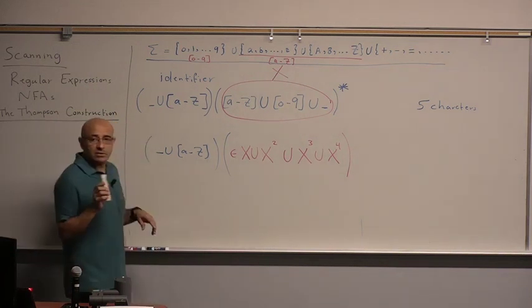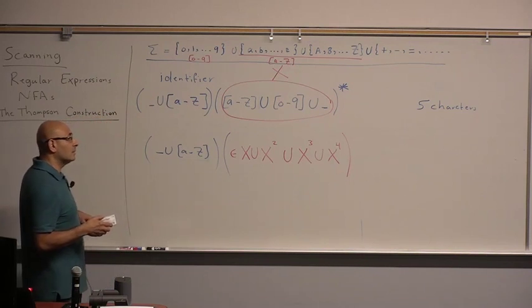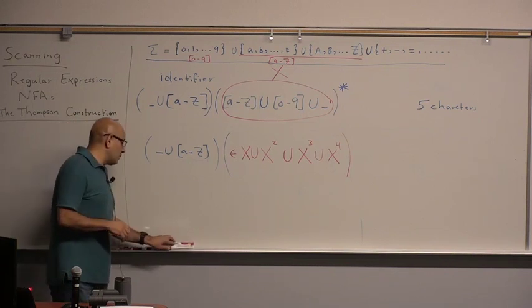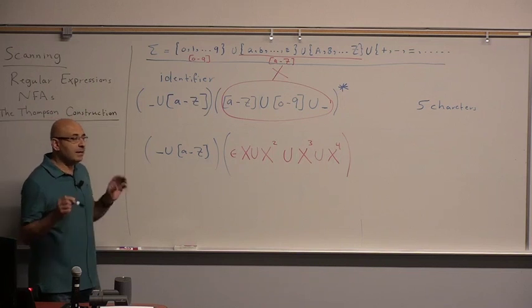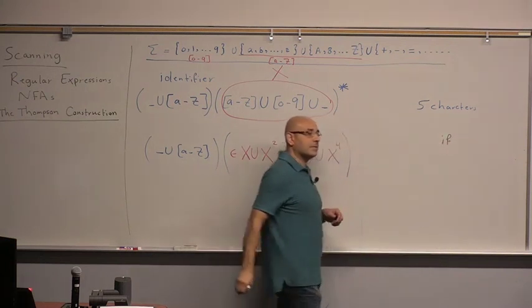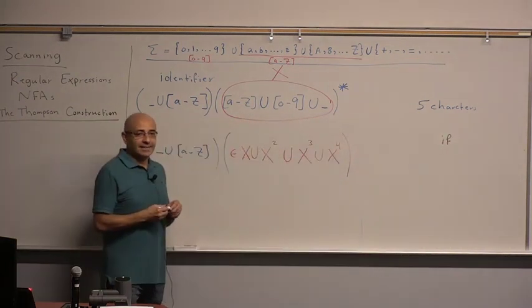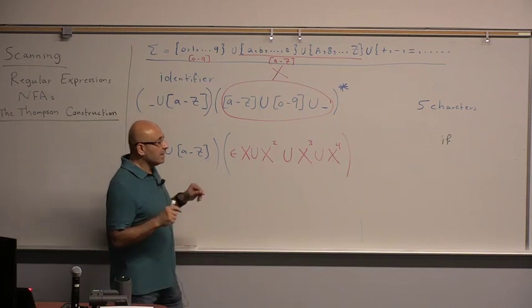Any questions on this? Yeah. Do we have to check for dedicated words like if and while, with a union in front of it or after it? In fact, checking for keywords is trivial, because the regular expression for if is just if.